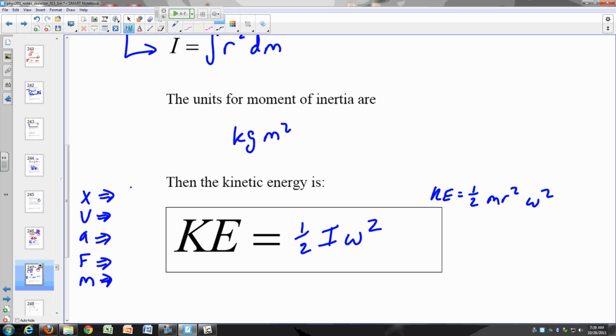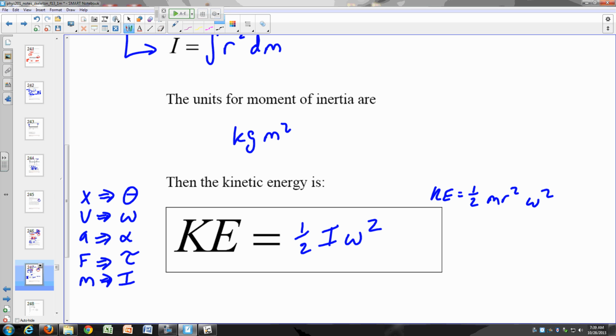So x became theta, v became omega, a became alpha, f became what? Torque, right, this sort of angular force, and now mass is going to become I.